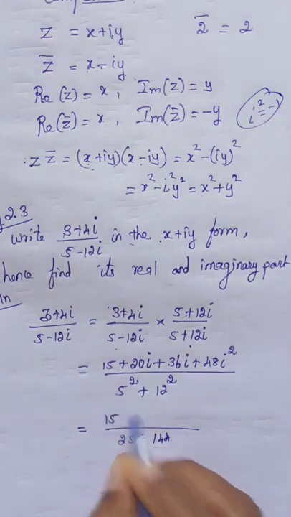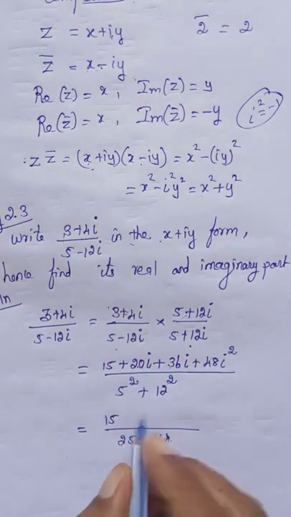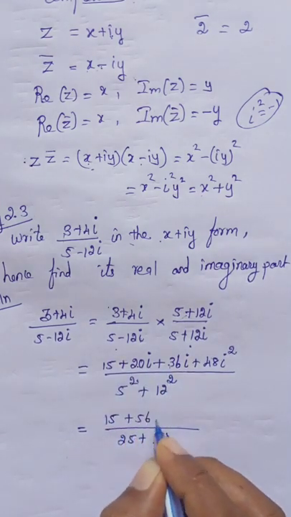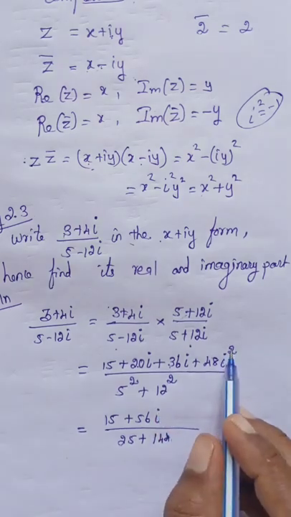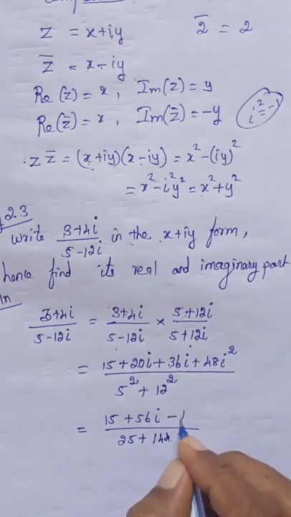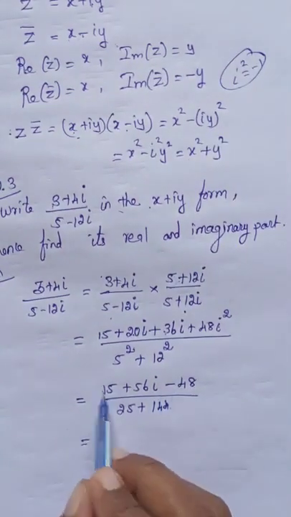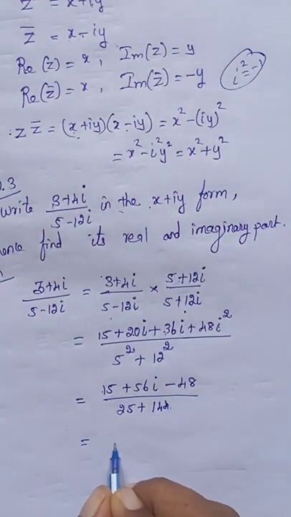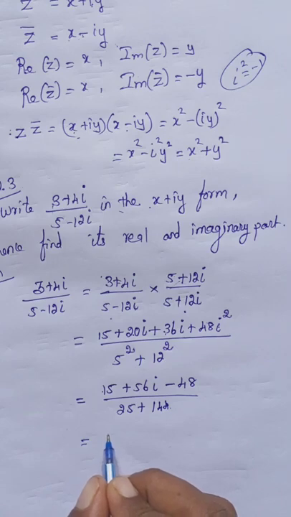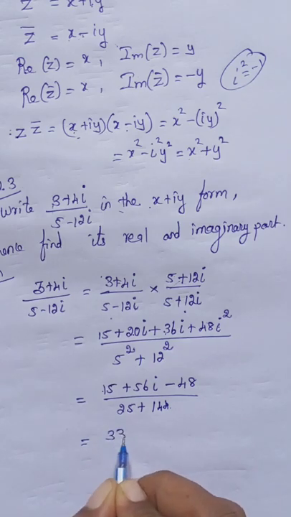So here 15, 20i plus 36i, that is 56i. i square is minus 1, so we get minus 48. Now 15 minus 48, how much will we get? Minus 33.